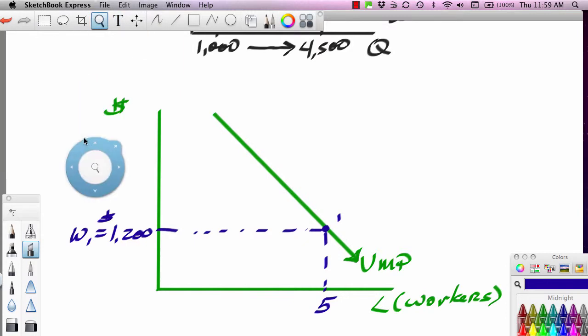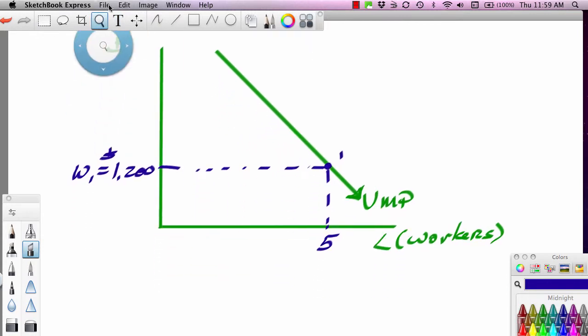That's what our table up above said. Excuse me, that's getting messy. I get to use my eraser. I love it when I can use my eraser. Okay, so at a wage rate of $1,200, our table up above said that this firm would employ 5 workers. This is labor demanded, LD1.